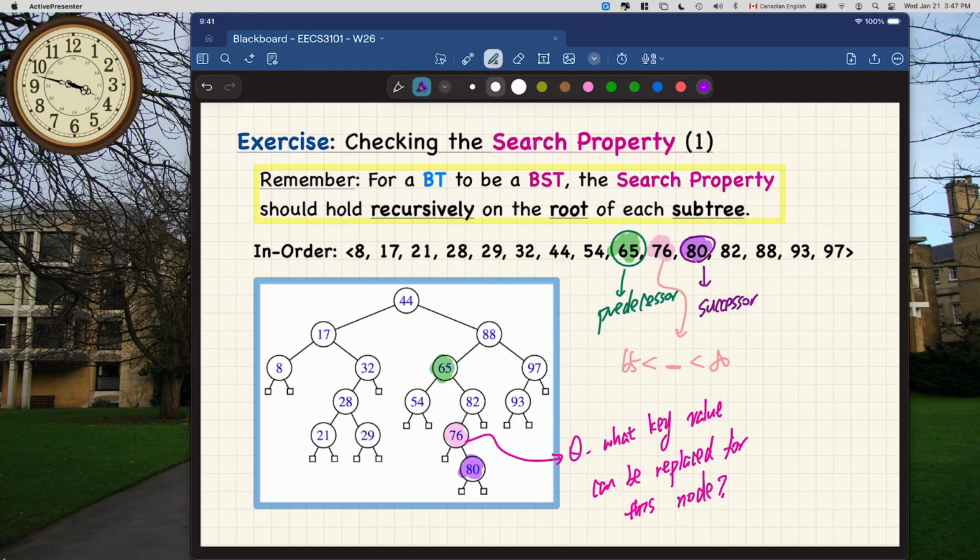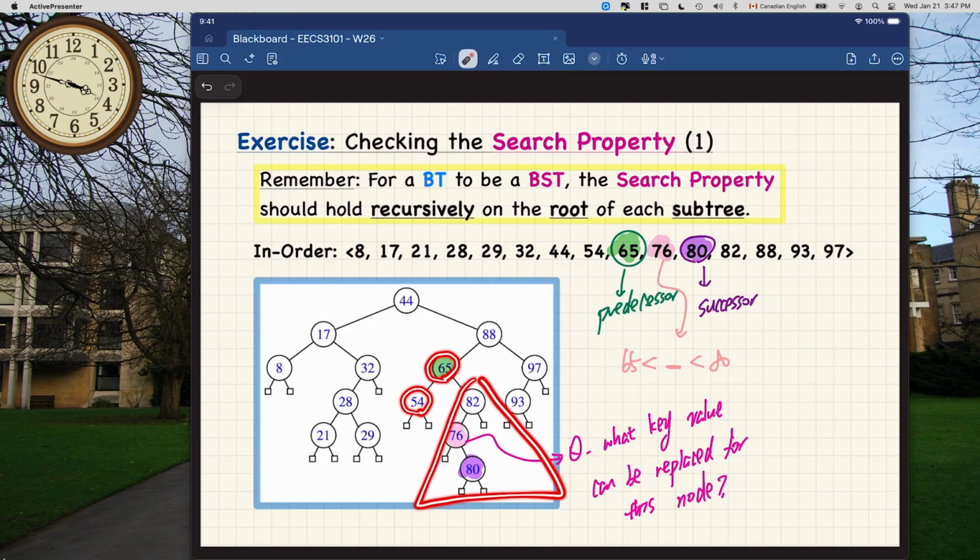What you want to convince yourself of is, whenever you're given a particular node, you want to be able to figure out its predecessor and successor in the in-order traversal. Imagine I do in-order traversal: 54, then 65, and now I want to do the right subtree. In that right subtree, I do 82, and then the left subtree, which will be here.